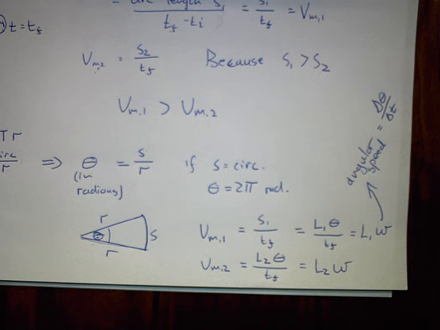Although their tangential speed, so distance traveled divided by time, becomes greater the farther away you are from the axis of rotation, if we work in terms of these angles that have been swept out as this thing rotates, we find a quantity that's the same for both, and that is omega, which is equal to the angle through which this thing rotated divided by the time it took to do that rotation. So now we've got two ways we can describe the system.